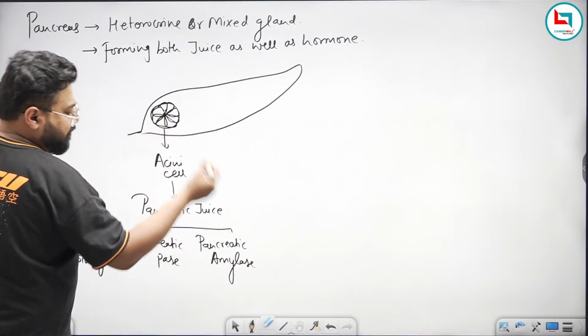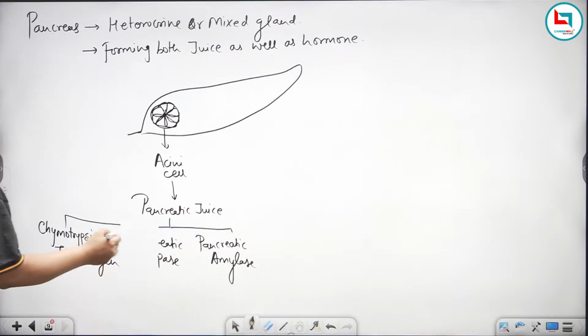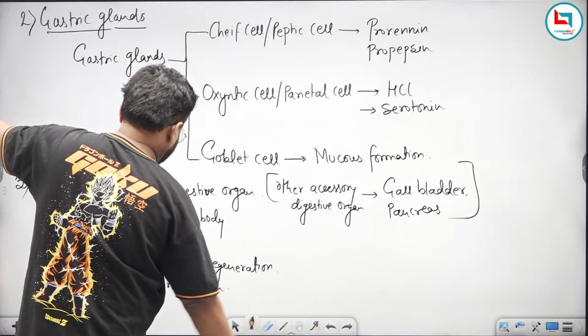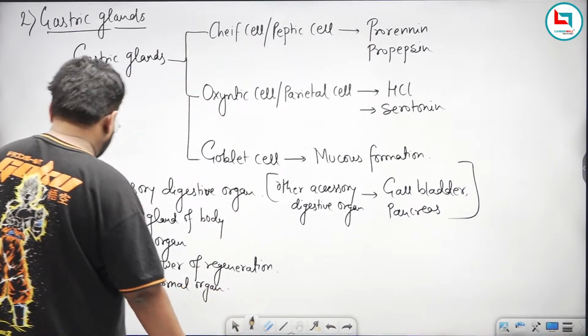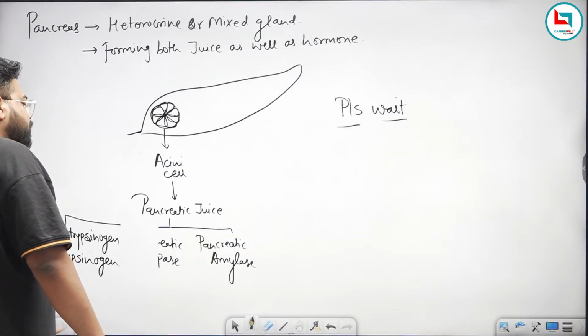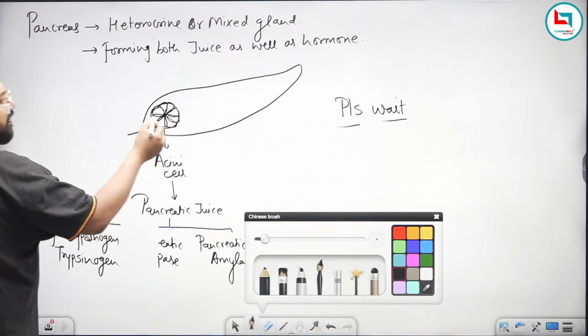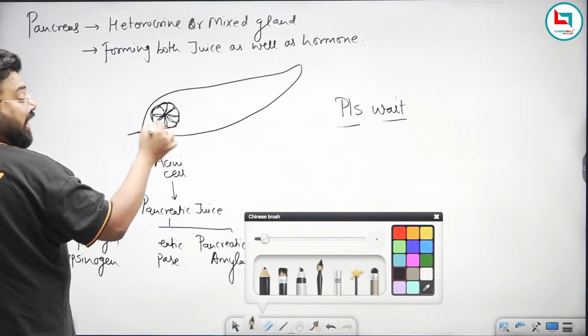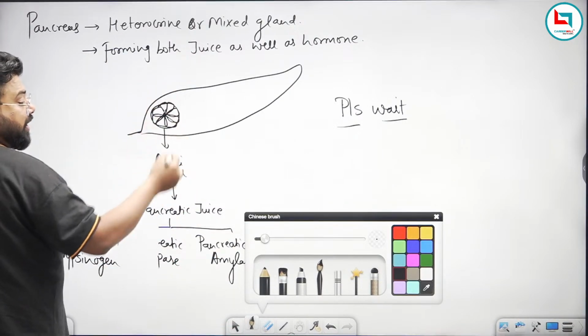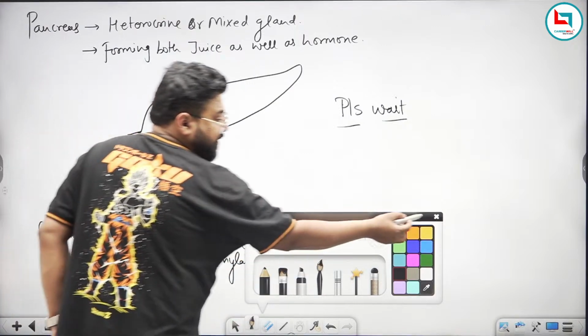This contains triangular cells arranged in a circular manner. These cells are known as Acini cells.